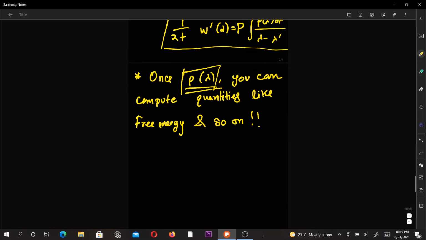Also, now since we are making everything continuous, the effective action, if you want to write it in a continuous form, you can write it like this in terms of the density function.